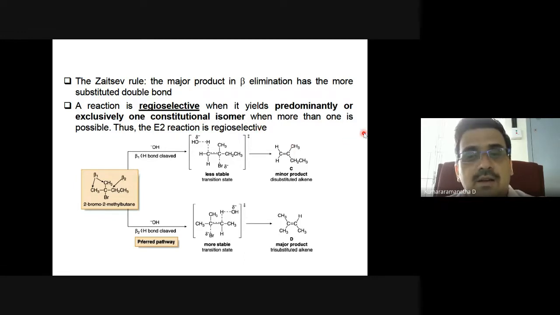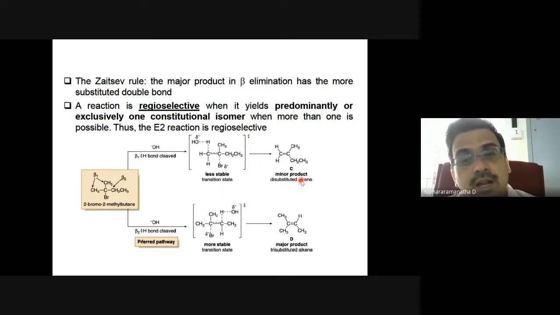You can also have multiple products, for example cis and trans, which gives rise to regioselectivity. You can see this for methylbutane with a bromo substituent. You have different beta positions here. Either hydrogen can be removed from this or from here, along with the halogen.